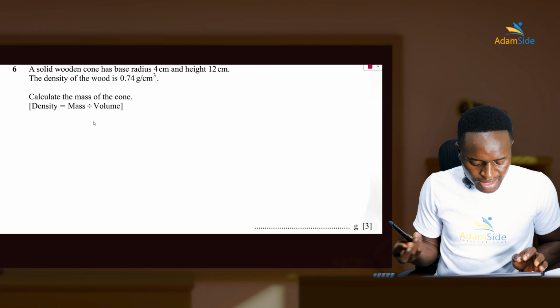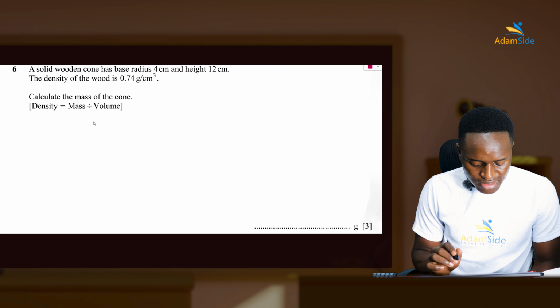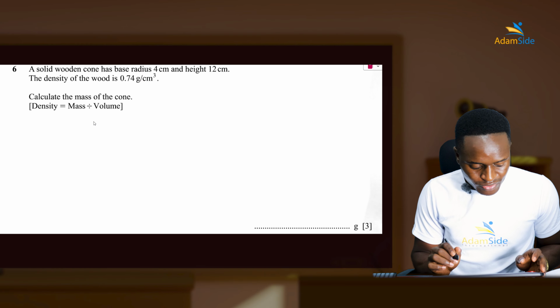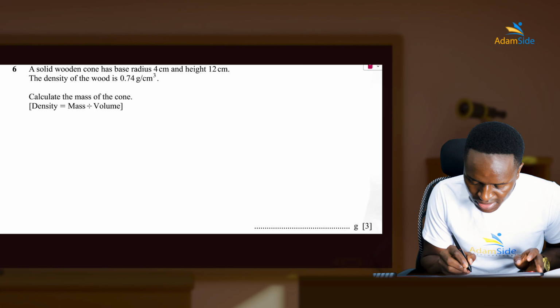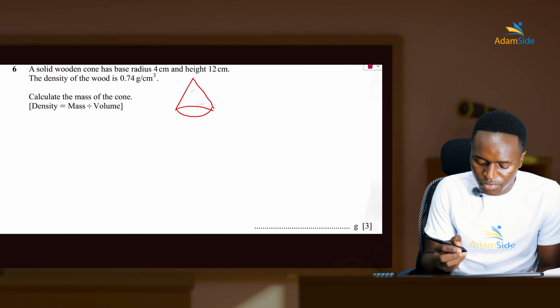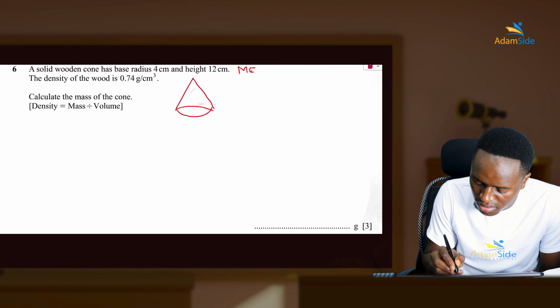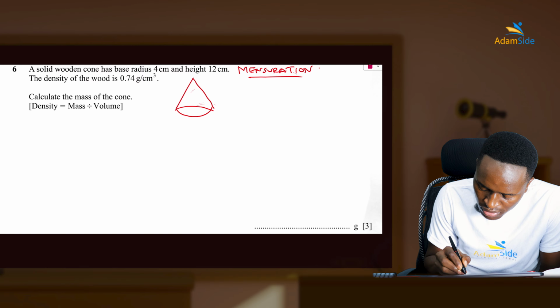Next question. A solid wooden cone has base radius 4 centimeter and height 12 centimeter. The density of the wood is 0.74 grams per cubic centimeter. Calculate the mass of the cone. So we know a cone is always like this. This comes from the unit of mensuration again, and you're talking about density. So a cone normally has a height which is 12 centimeter.